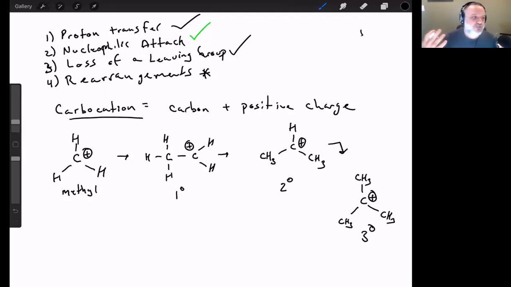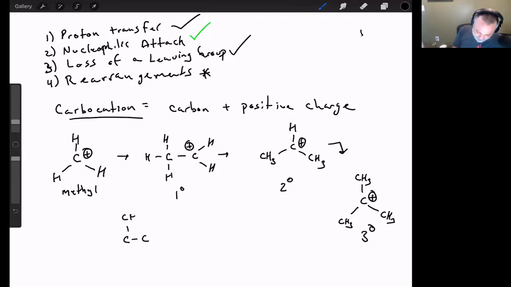And so this is usually the point in the lecture when I say, why can't we have a quaternary carbocation? And this is where you all raise your hand and you get really excited because you all know the answer. But you can't have a quaternary carbocation because that would imply that it's bound to 4 other carbons.